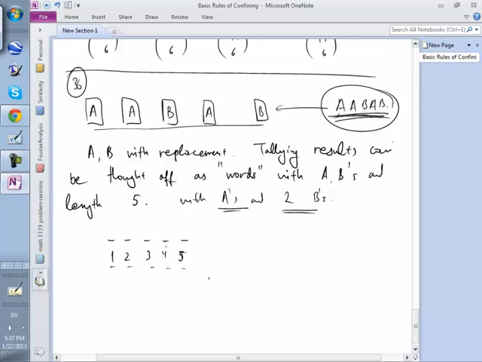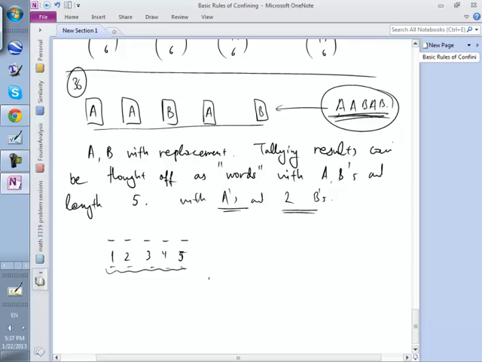So in how many ways can I select those positions out of the 5 positions? The order in which they appear doesn't matter, only which positions will belong to the group.